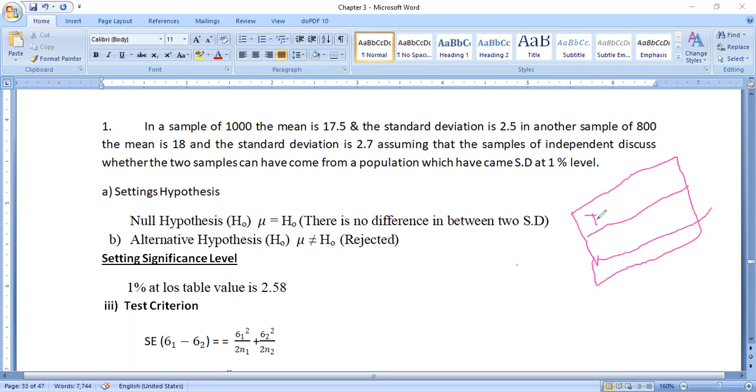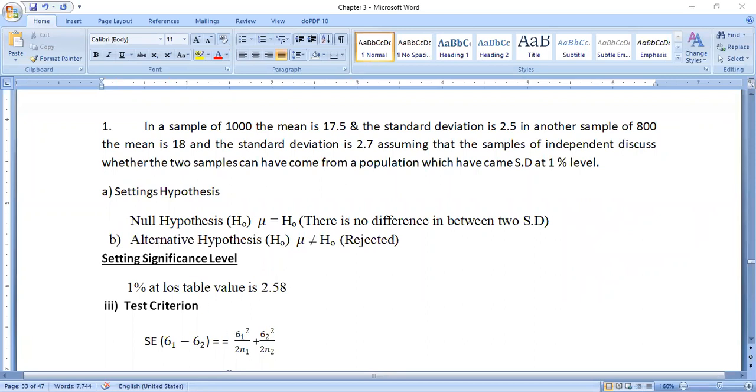Sample 1, sample 2, then immediately write the mean values, standard deviation values, then n values. In this way, just write, then you will get complete clarity.